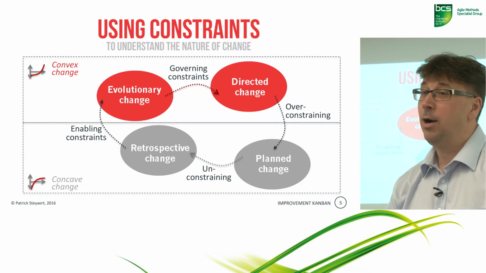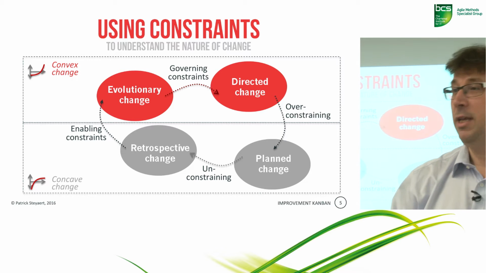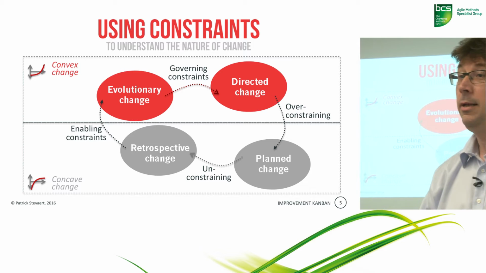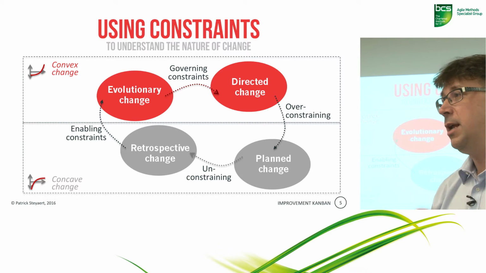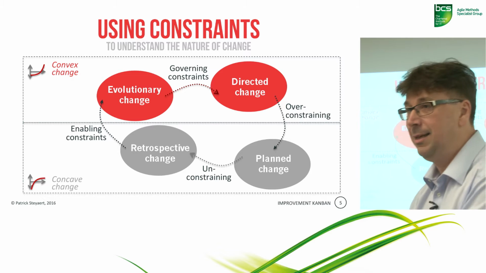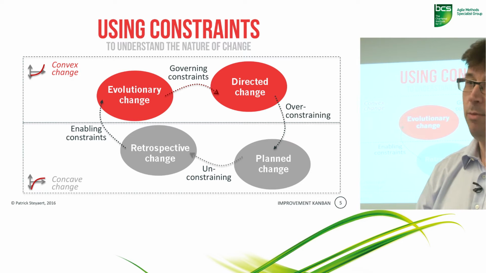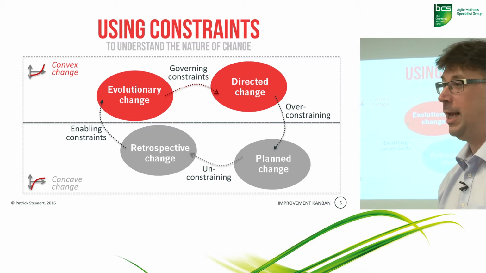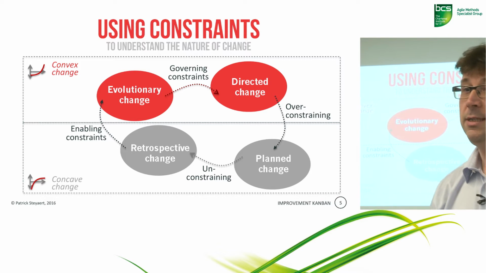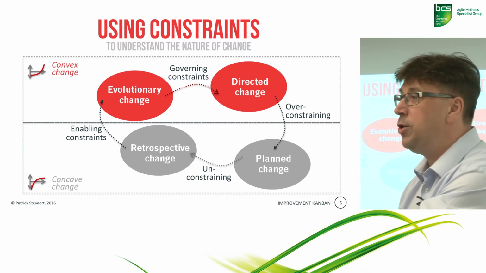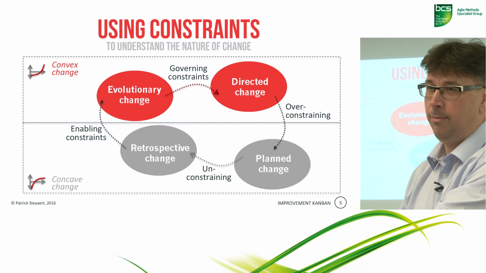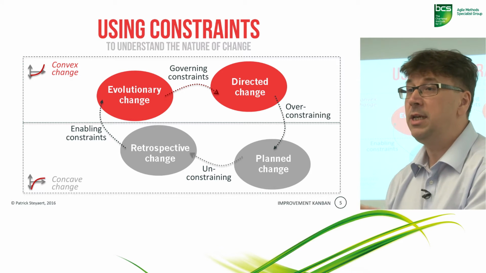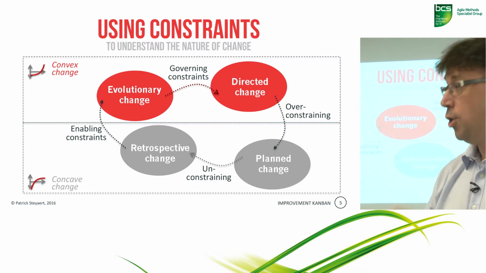Now, modern coaches that have been trained in modern coaching techniques will recognize constraints not only as limiting, but also as enabling. So he'll try to put in some enabling constraints. What the modern coach will say is, okay, don't attack the kid with the ball. That's an enabling constraint. It's enabling because it'll enable novel behavior.